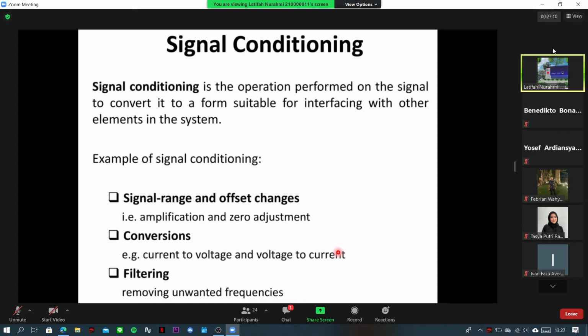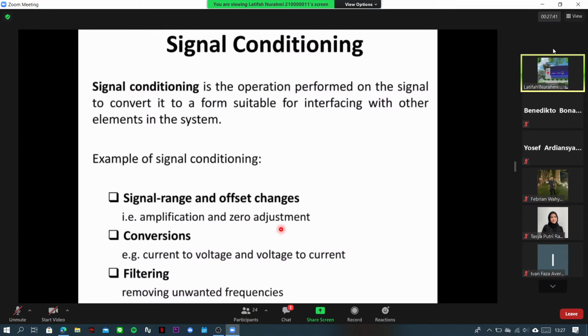Okay, now we are coming to the main topic about signal conditioning. As I mentioned in the previous slides of this meeting, the examples of signal conditioning can be, number one, signal range and offset changes, for example amplification and zero adjustment.